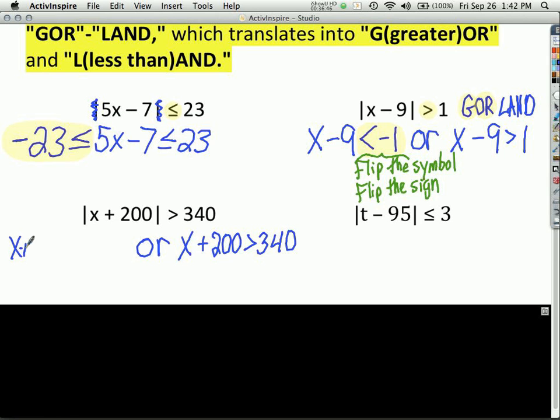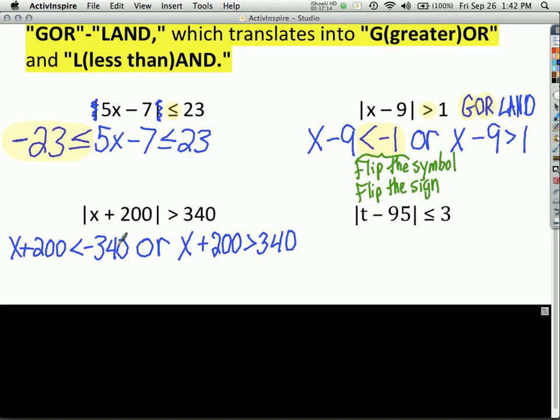So we've got x plus 200, flip the symbol, flip the sign. Does anyone have any questions on how we did that? Or comments or anything? Tristan?